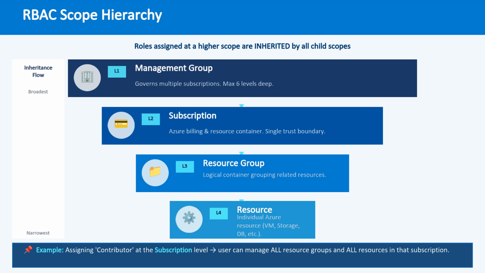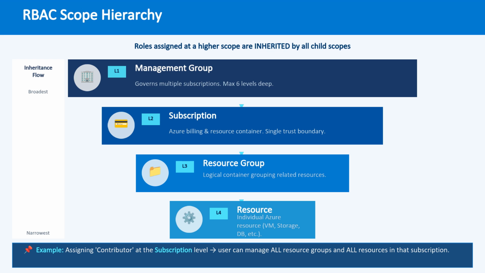Level 2, subscription. The primary billing unit in Azure. Everything in Azure lives inside a subscription. A role assigned at subscription level applies to all resource groups and resources inside. Level 3, resource group. A logical container for related resources.